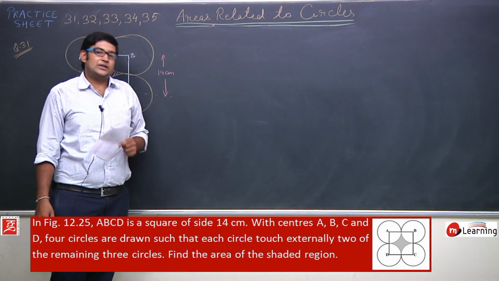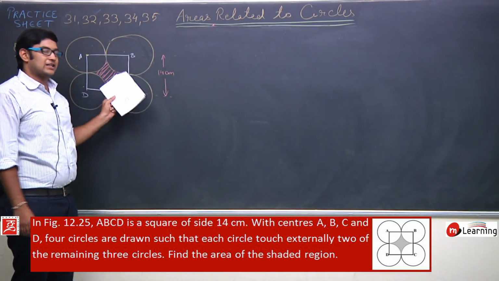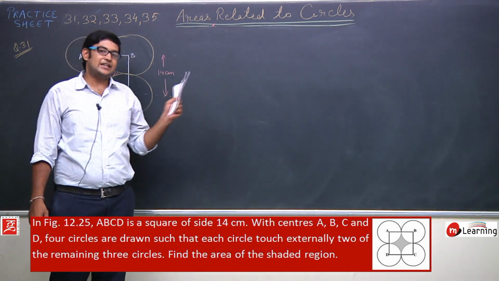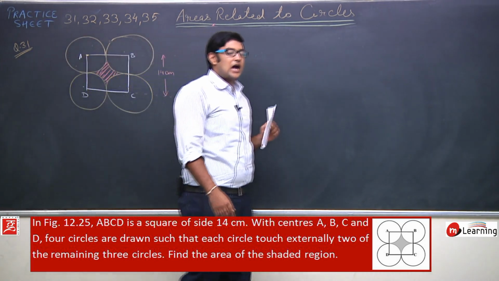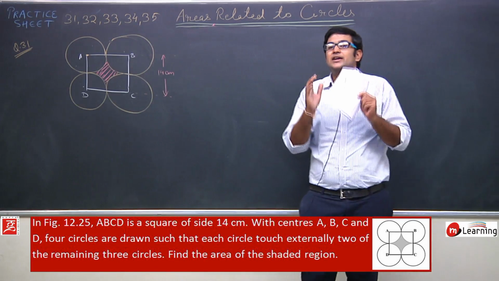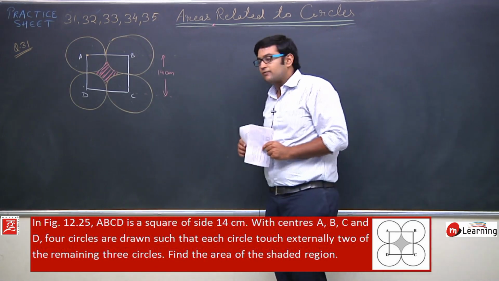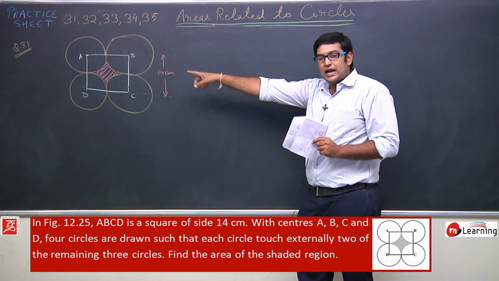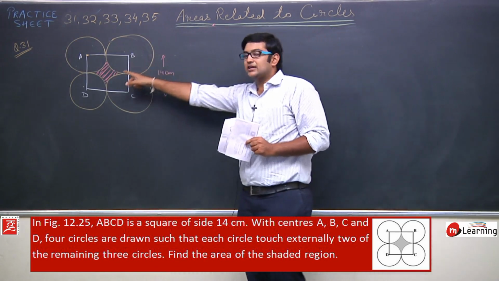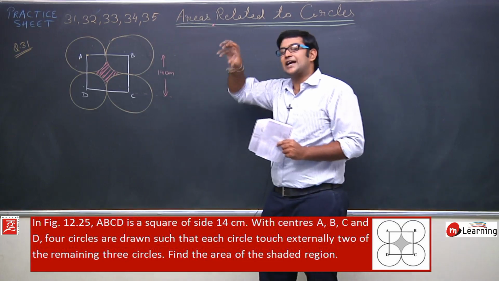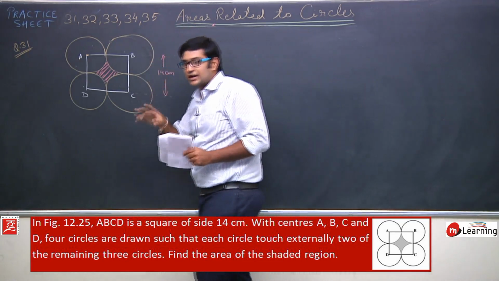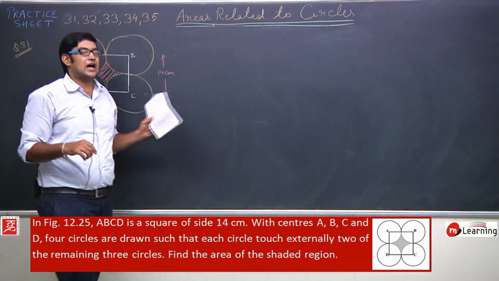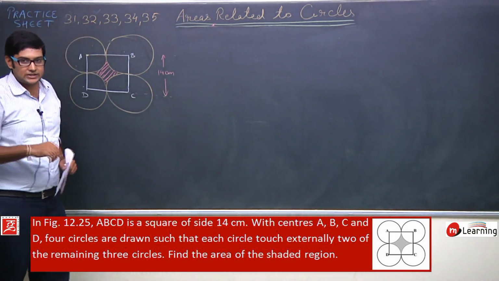So what I am trying to say is, the 4 circles that I have drawn taking A, B, C, D as the centers are of equal dimension. Why are they of equal dimension? Because from the figure it is very clear that the radius and the size of all the circles are similar. So all the circles are of the same dimension.